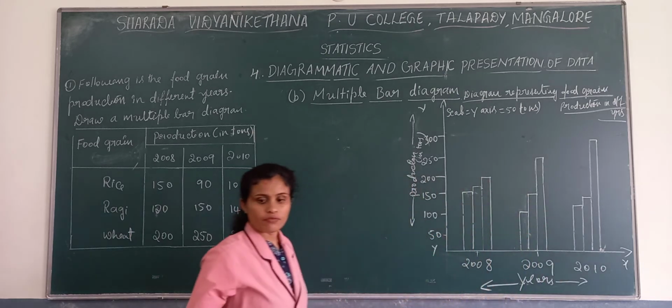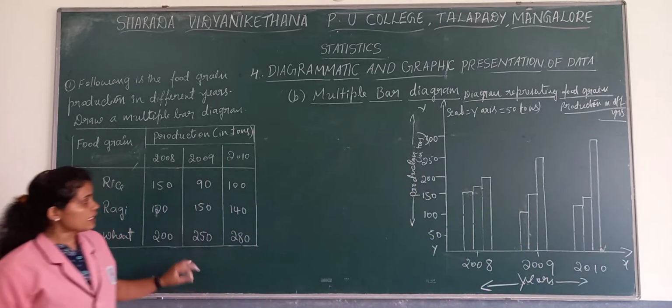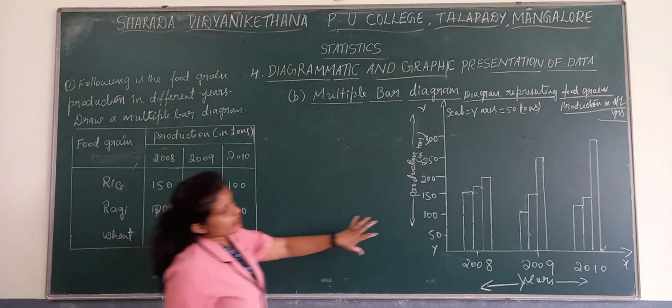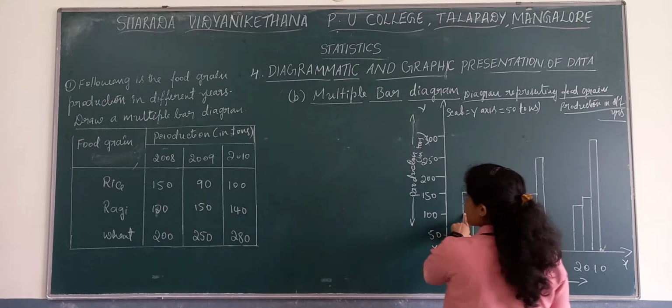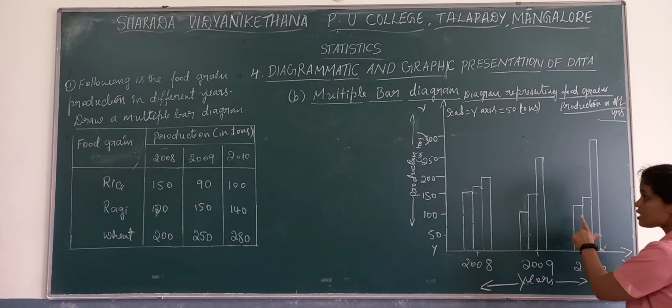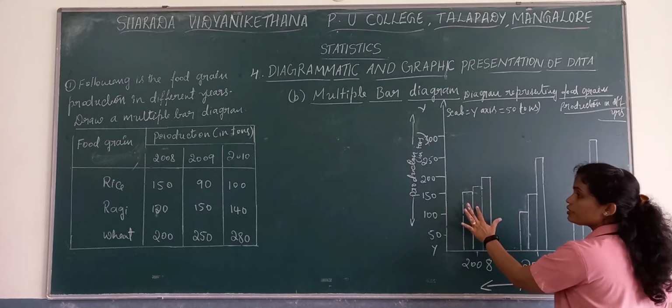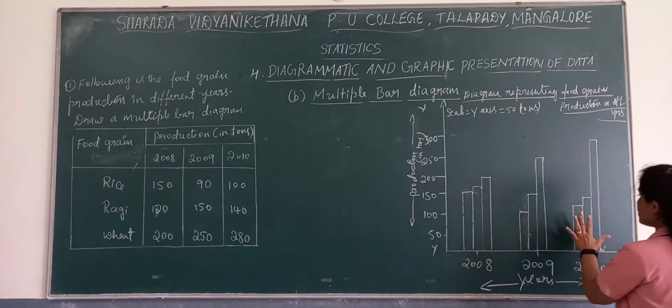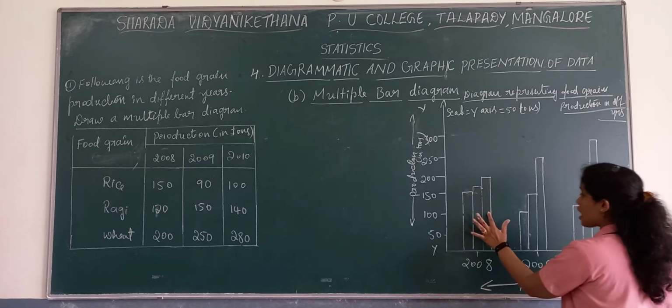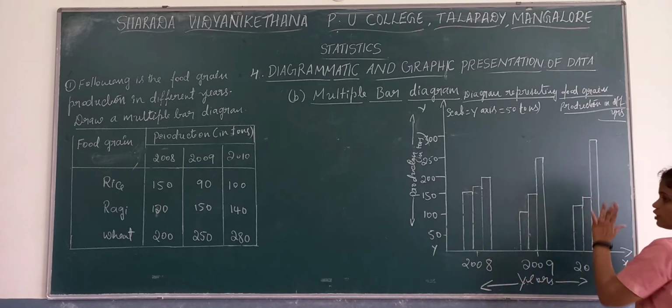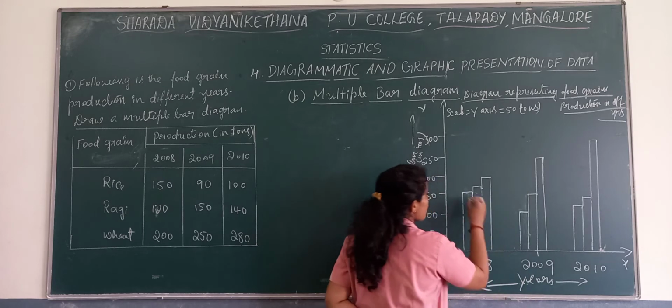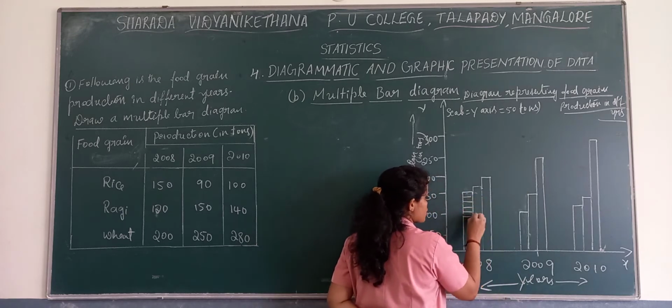Now we have drawn the three sets of interlinked variables. The first one is rice, the second one is ragi, and the third one is wheat, in different years. Now we need to give different kinds of shades.